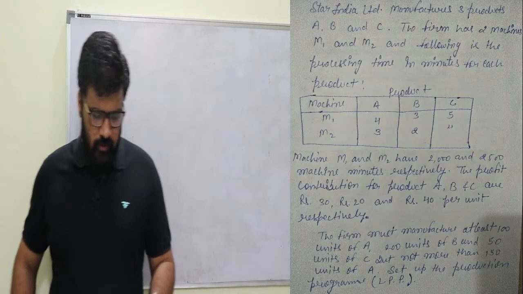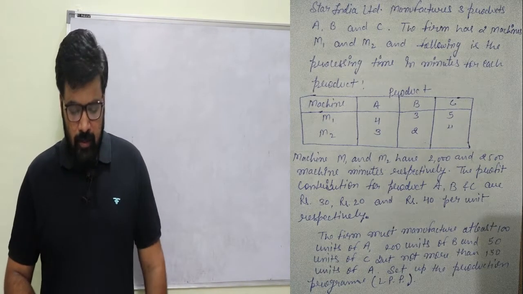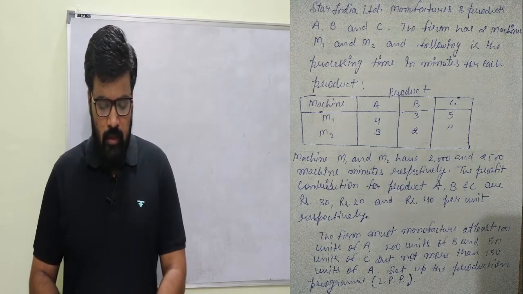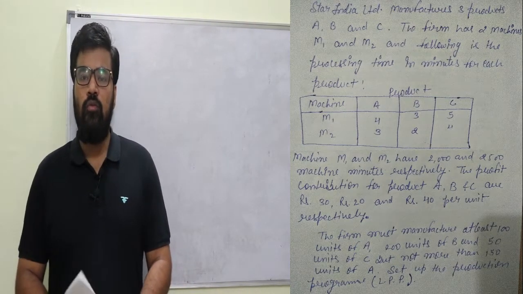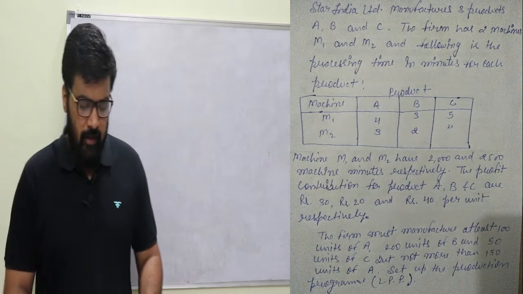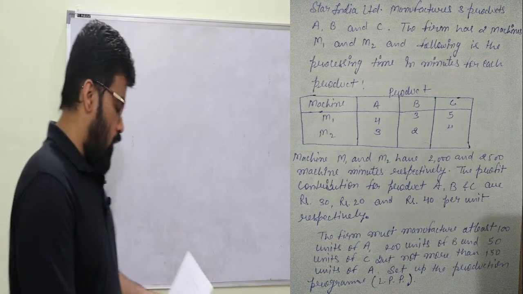So I'm starting the question. It is there on your screen also, that Star India Limited manufactures 3 products A, B and C. So there is a company, Star India Limited, which makes 3 products.